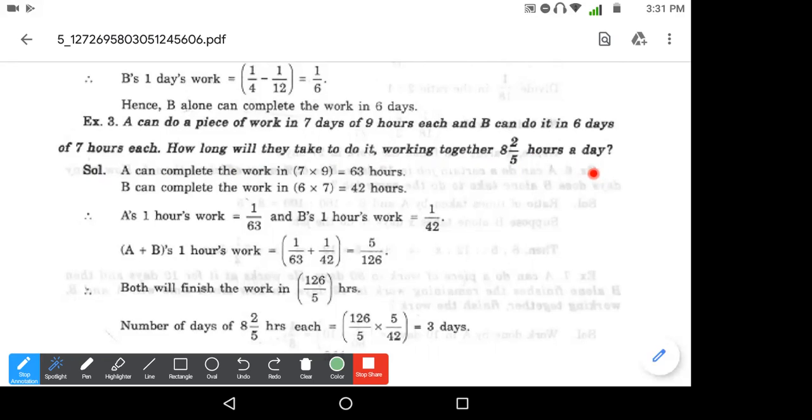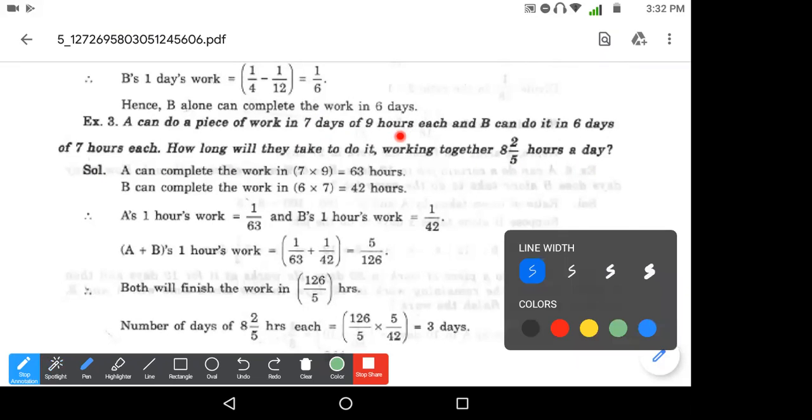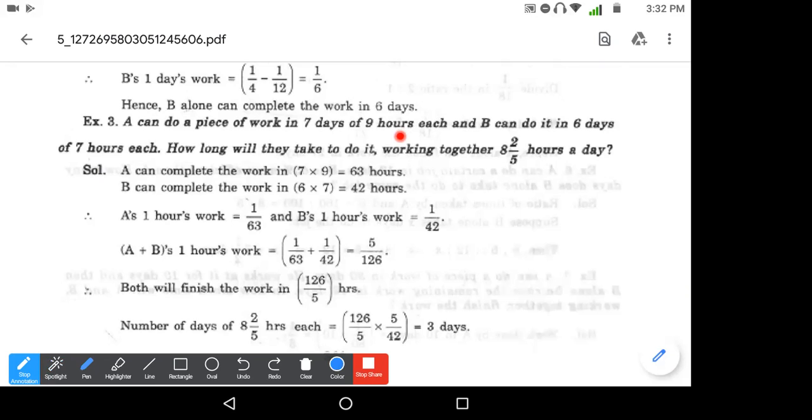Okay, now you have days and hours. For all 7 days, A is working for 9 hours a day. So here, instead of considering the days, you have to consider the hours by multiplying both of them. For 7 days, he is working for 9 hours, which means A is totally working for 63 hours.